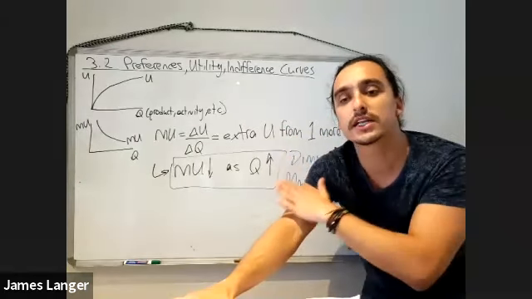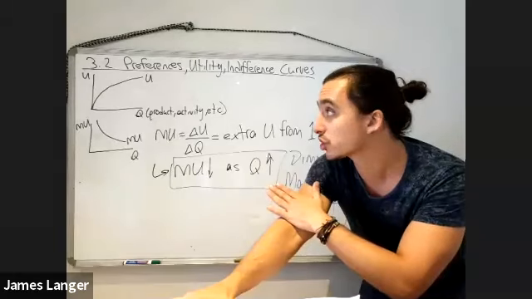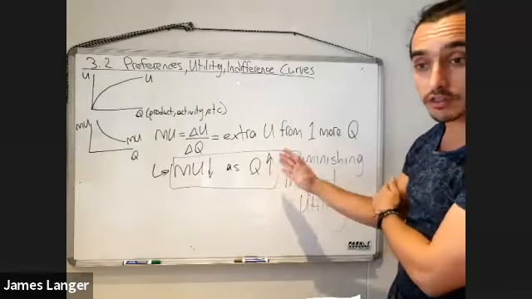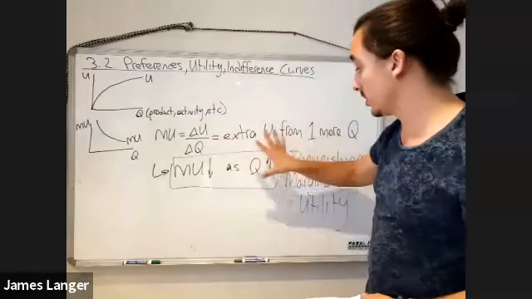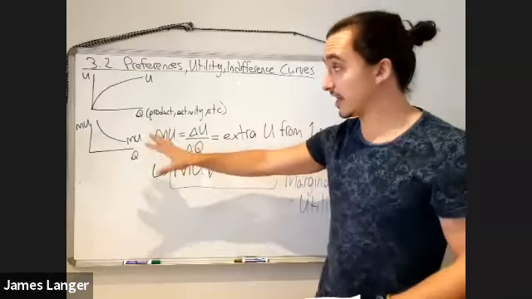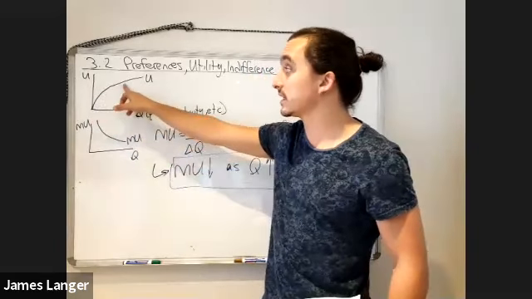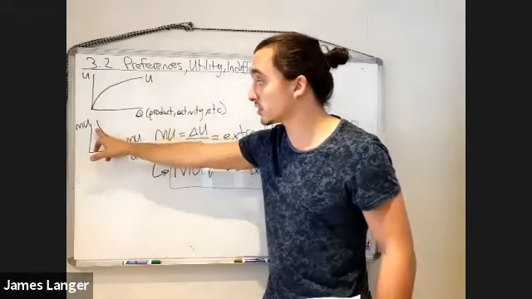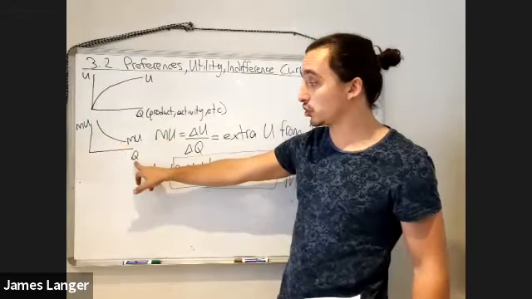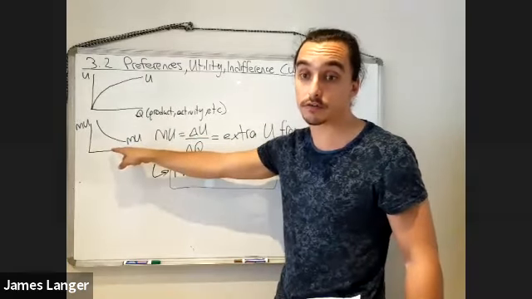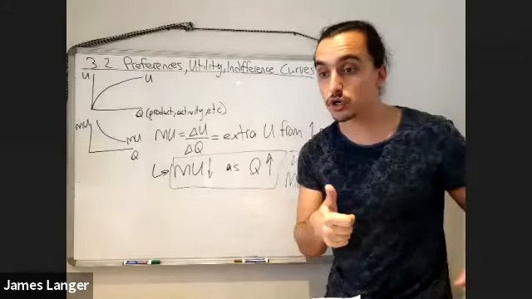All I'm trying to show you here is that we have diminishing marginal utility, and I'm just using these graphs to represent that. Utility increases at a decreasing rate, which means marginal utility decreases as Q increases. This is not an indifference curve. Let me know if that answers your question.